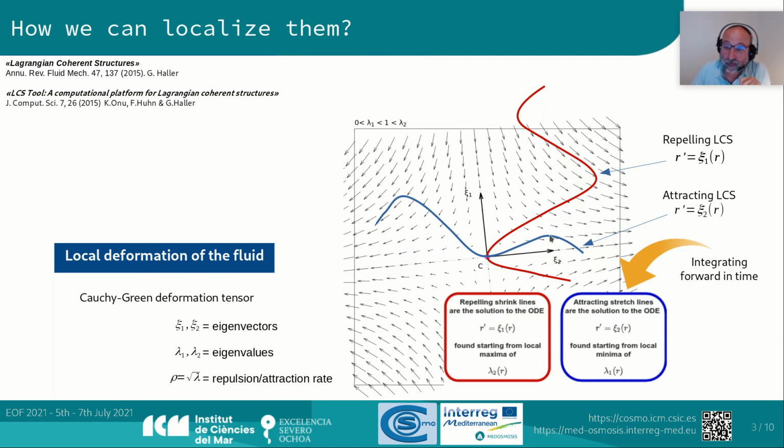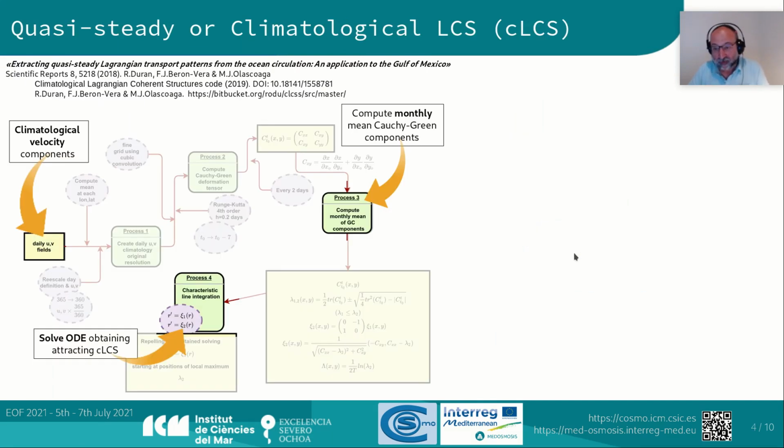We will find the Lagrangian coherent structure that has the highest rate of repulsion. On the contrary, if we put the condition of local minima of the first eigenvalue, and we integrate along the second eigenvector, we will find the most attracting Lagrangian coherent structures. The climatological Lagrangian coherent structure has been defined by Rodrigo Duran and collaborators in this paper, and they provide a MATLAB source code to integrate them.